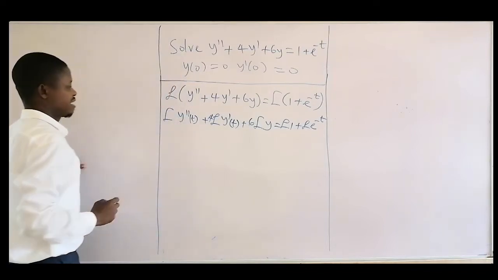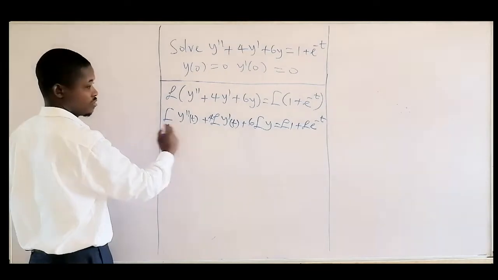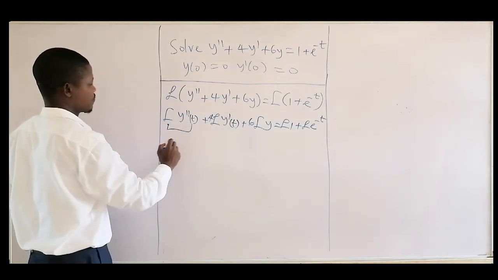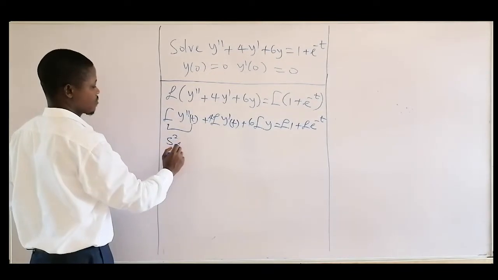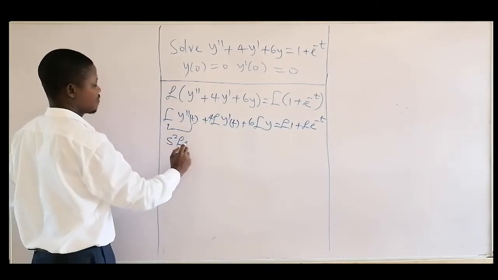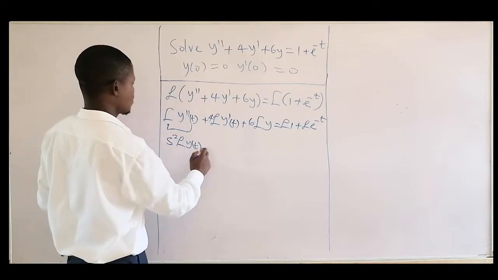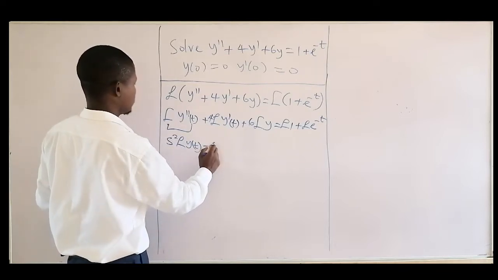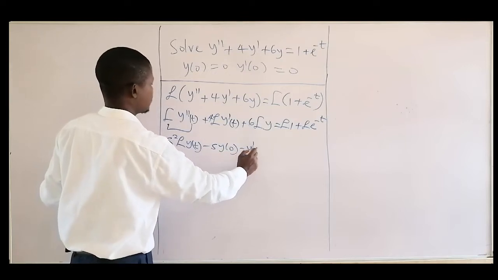The second step is to get the Laplace transform of each of those expressions. We have a table for that. This one will be s squared times the Laplace of y of t, minus s times y of 0, minus y prime of 0.